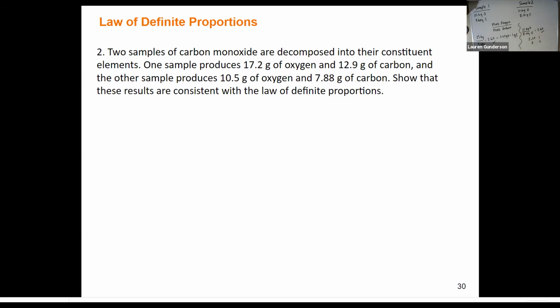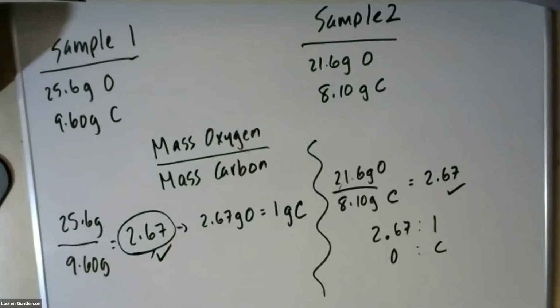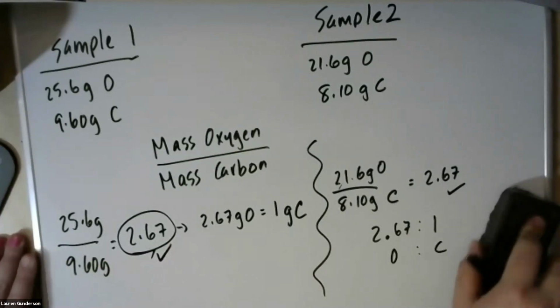But in both of these carbon monoxide samples, the ratios of sample 1 to sample 2, when we're talking about carbon monoxide, that number will be the same. Okay, but the actual ratio number, the 2.67, this is true for carbon dioxide. This value won't be true anymore for carbon monoxide. And that plays into the law of multiple proportions we'll talk about next.